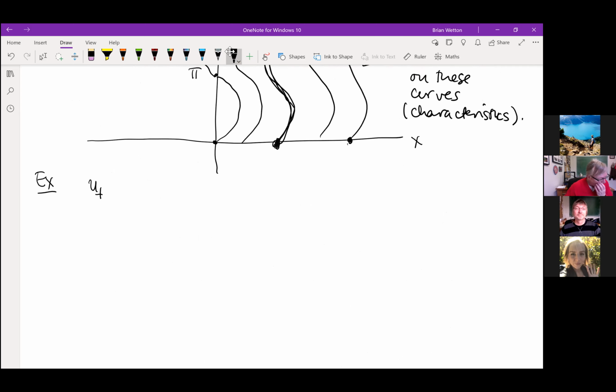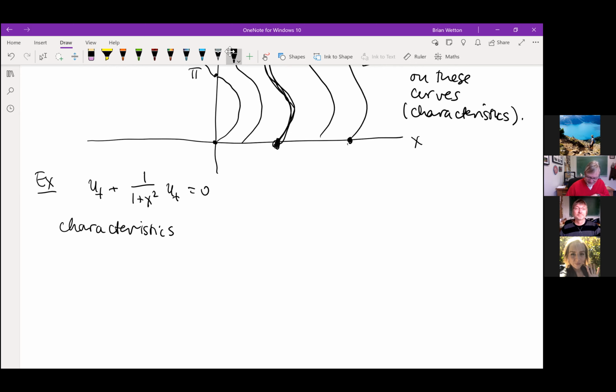Okay, good. So let's look at another example. Now I'm going to have the speed depending on X, but not T. That's going to lead us to a kind of ODE that we can solve. So now I'm just going to pattern match with this technique. I'm going to look at the characteristics.